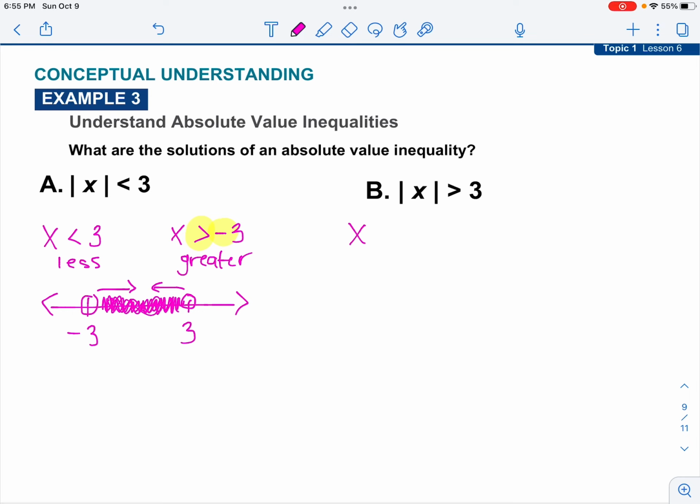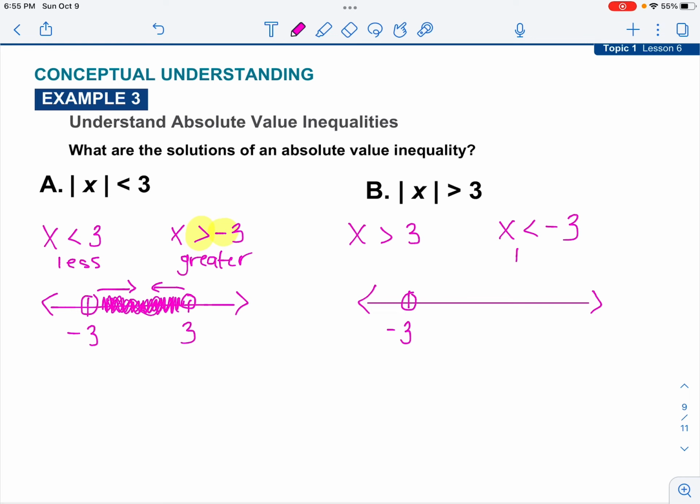Next, we have x is greater than 3 to start. Our other solution is x is less than negative 3. So now let's see what happens. So our smaller value goes first on our number line, which is negative 3, with an open circle.